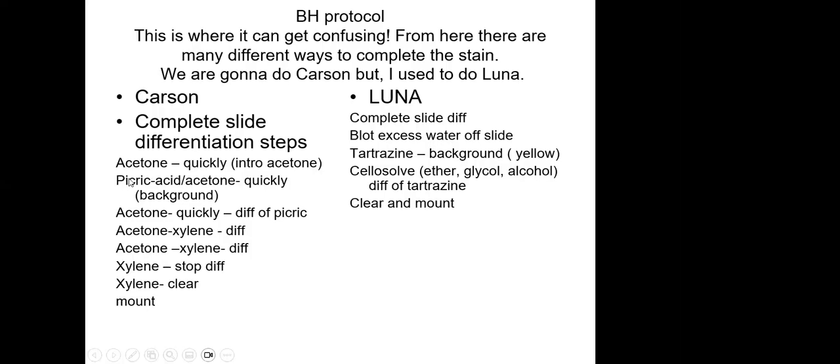So it's a picric acid acetone. You're going to introduce the acetone, go into the picric acid acetone, and that's quick as well. And the picric acid is what's going to give you that light yellow background stain.